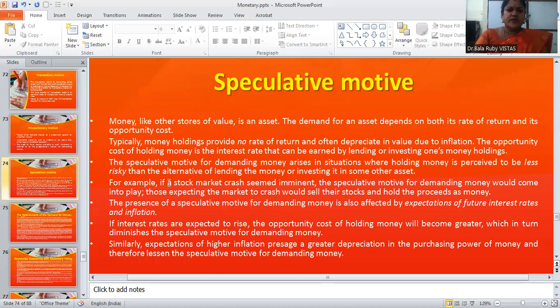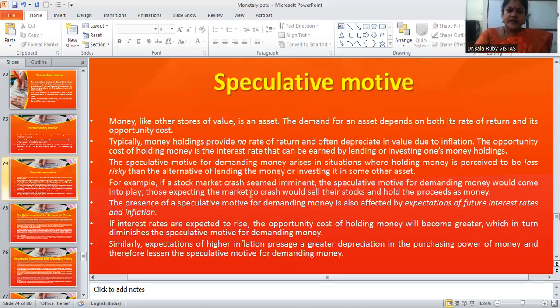The opportunity cost of holding money is the interest rate that can be earned by lending or investing one's money.